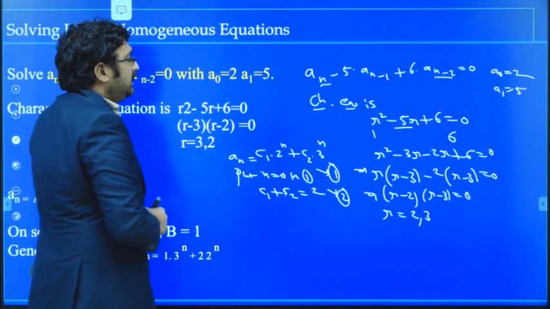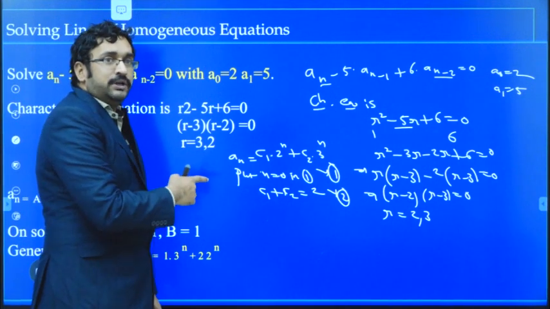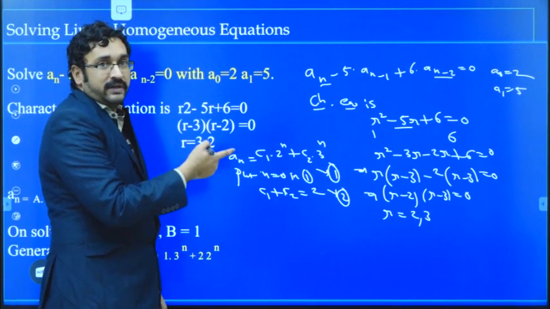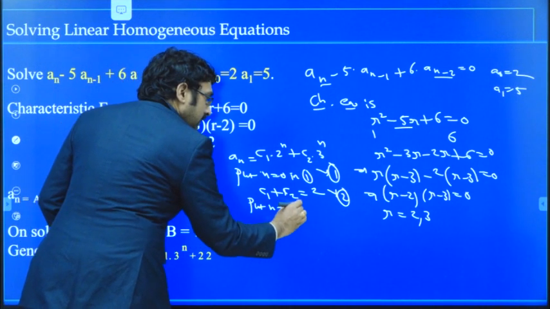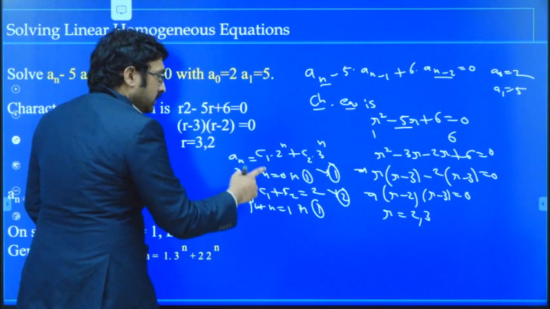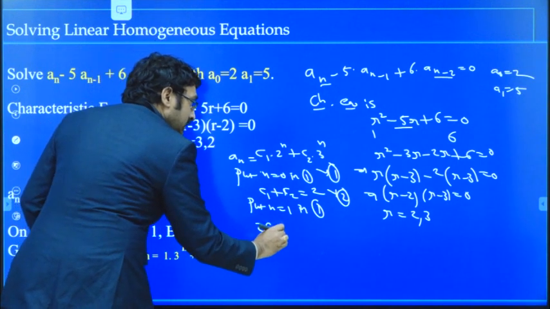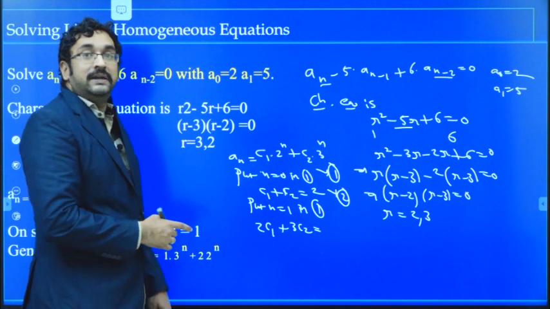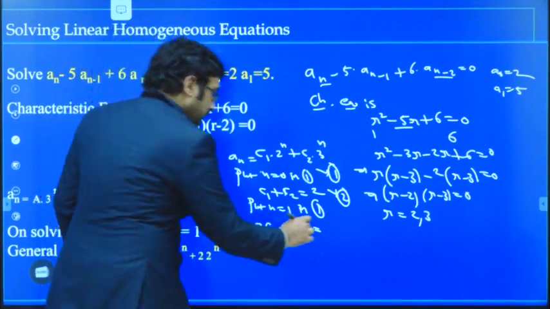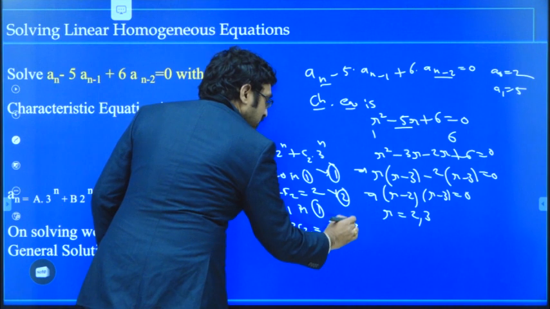As we have initial condition a_1, put n = 1 in equation number 1. Then we get 2c1 + 3c2 = a_1. What is a_1 here? 5. So we get this equation.